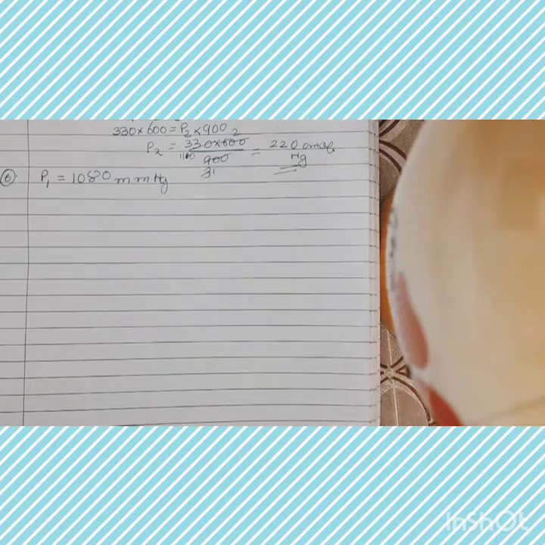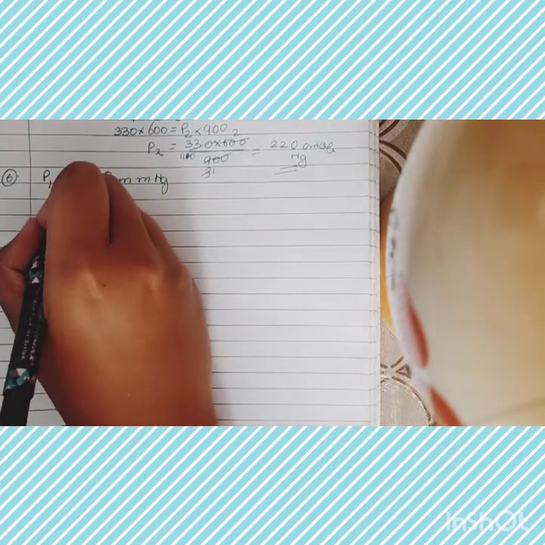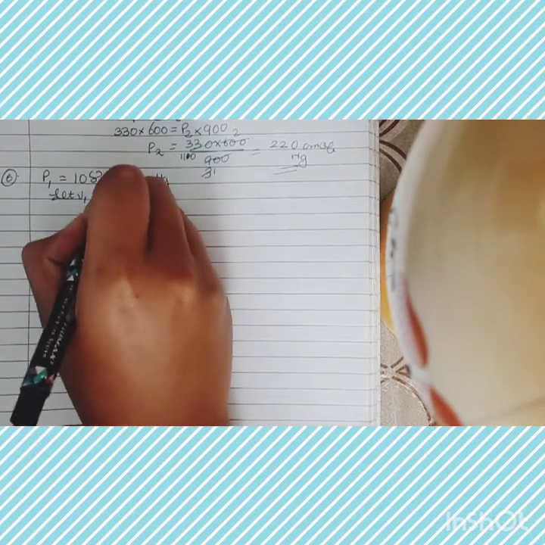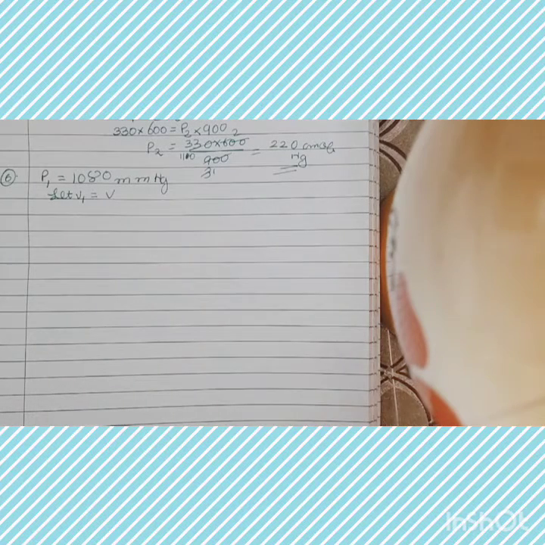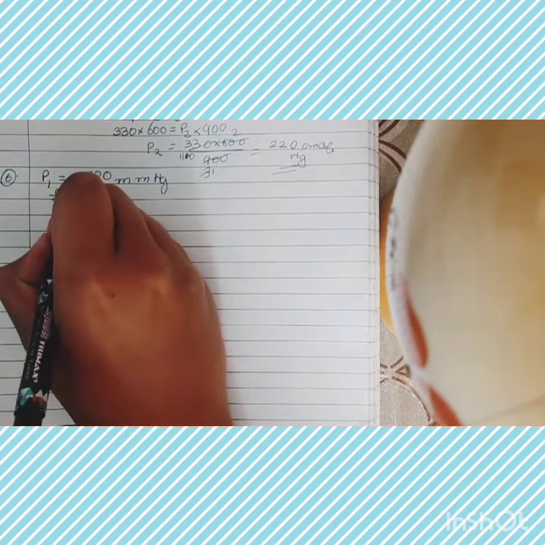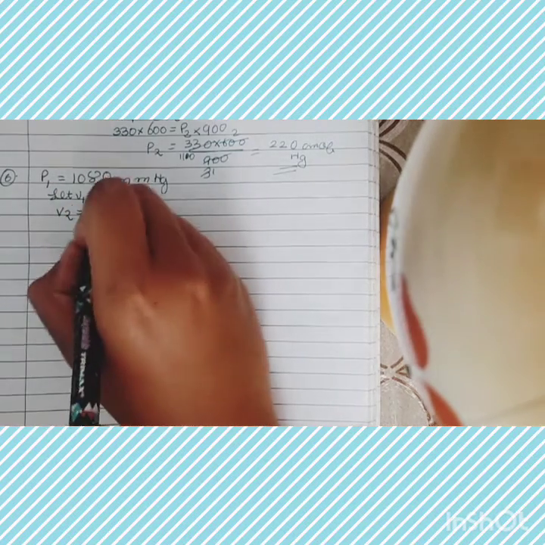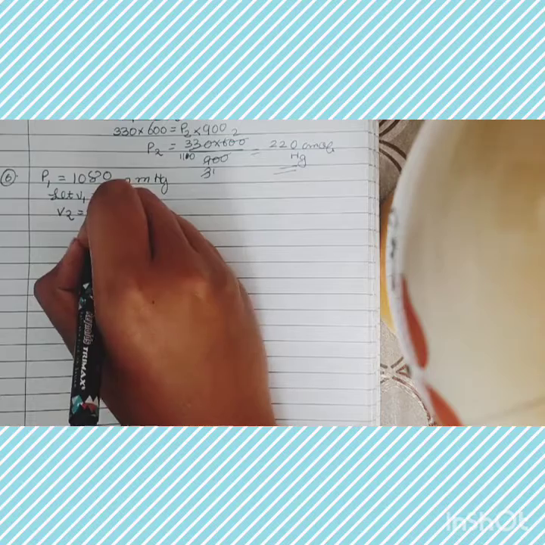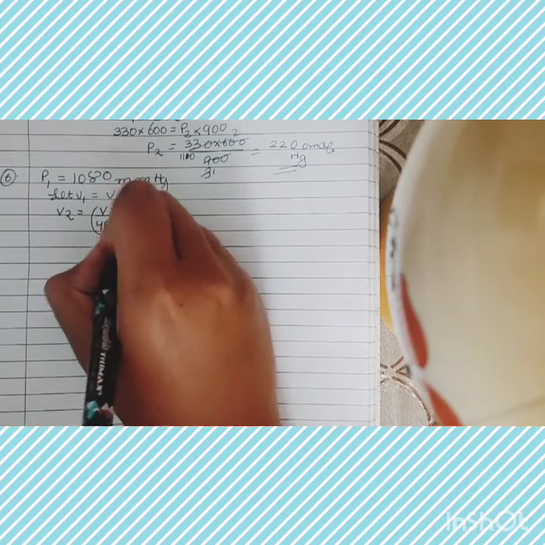So we'll let V1 equals V. This is the last numerical. If the volume is decreased by 40%, V2 equals V minus 40% of V.